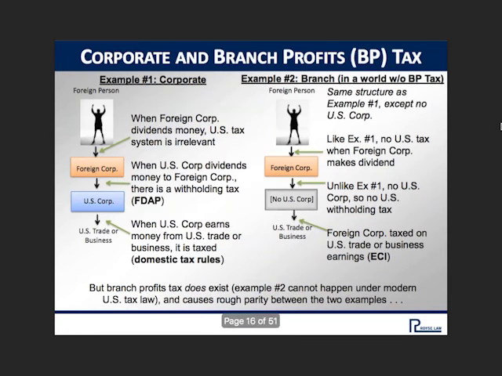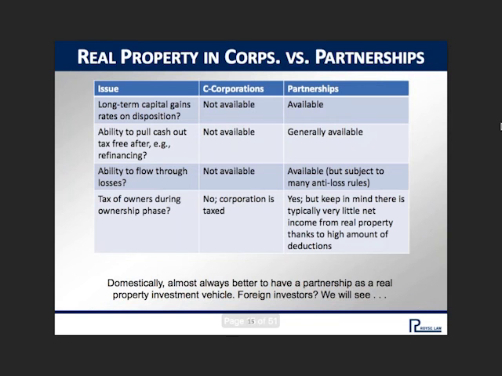Mark, on that slide, on the long-term capital gains rates, just quickly refresh people's memory from the earlier slides about how significantly different the rates are. These are big rate differentials under federal tax. As a non-resident alien, since you're generally going to avoid the 3.8% net investment income tax, that'll be about 20% on a long-term capital gain versus up to 40% under ordinary income.